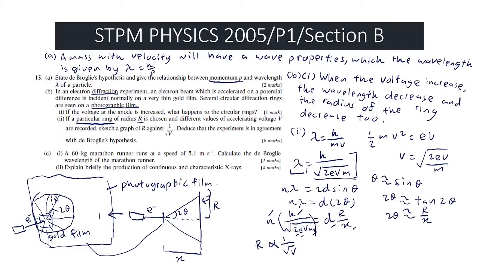You can see this is a proportional relationship, so the graph will look something like this. This is R and 1 over square root V. So this is a linear proportion.